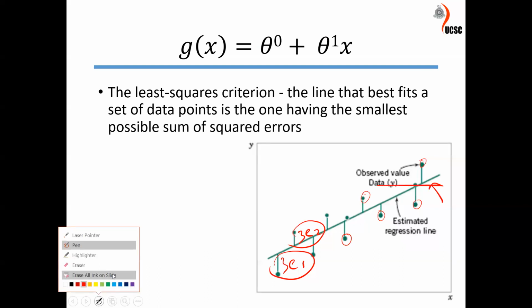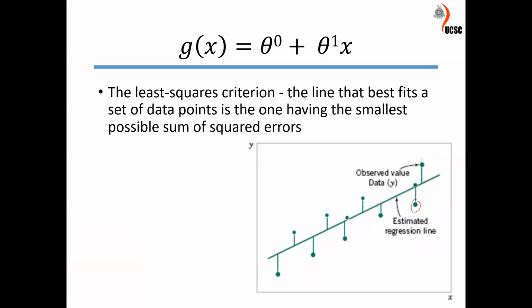So we take the difference between our hypothesis and the actual value for every point, which gives E1, E2, E3 like that. Then we take the square and get the summation. This will give the final error.